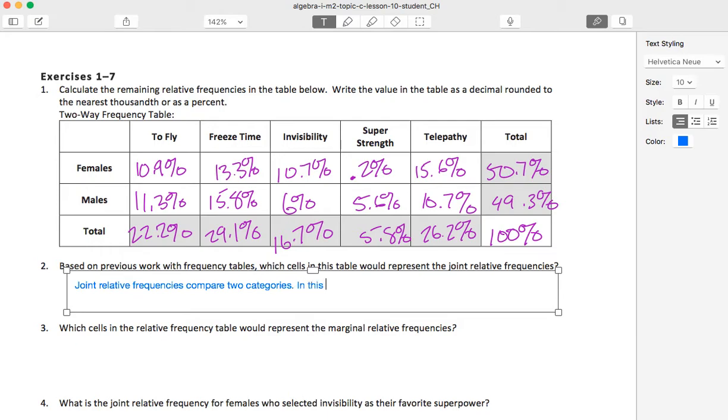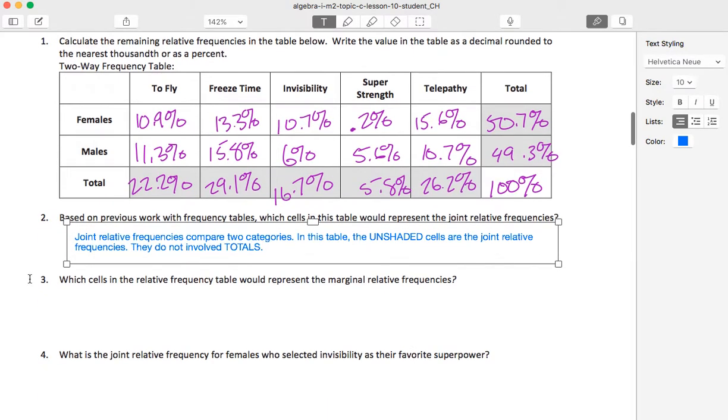In this table, the unshaded cells are the joint relative frequencies. They do not involve totals.